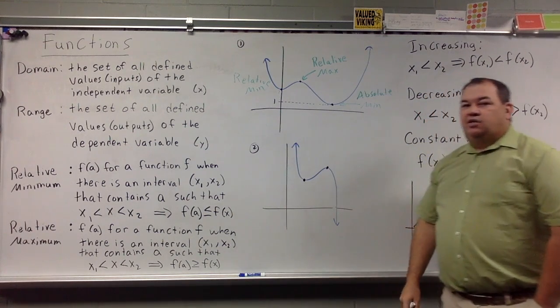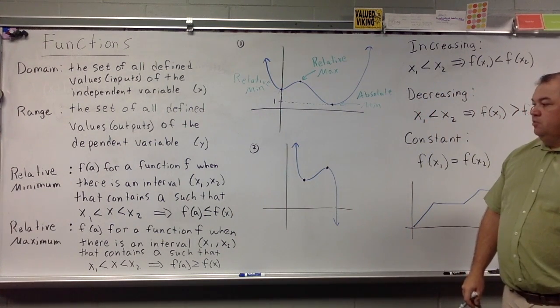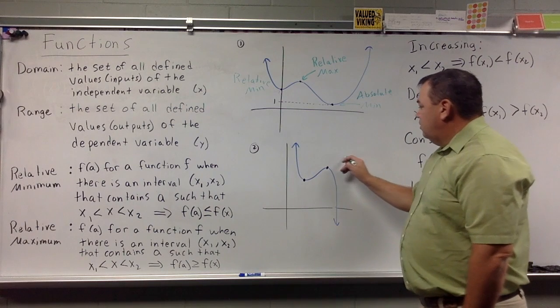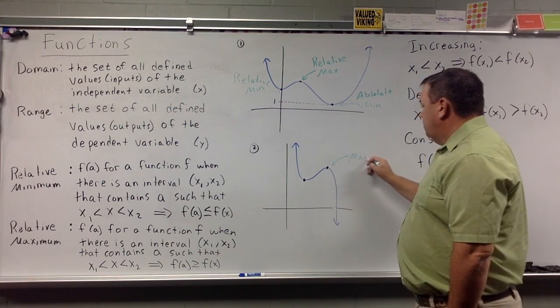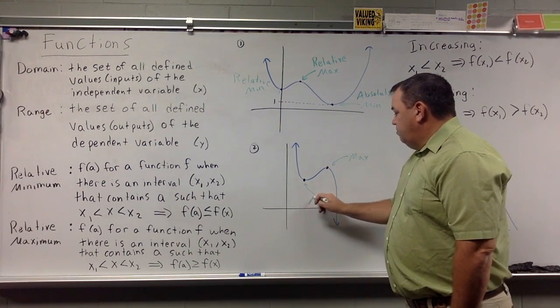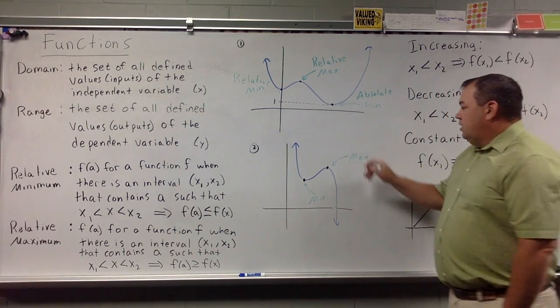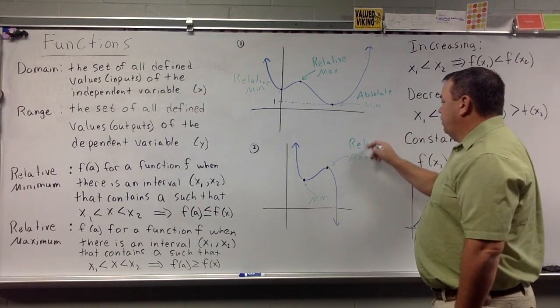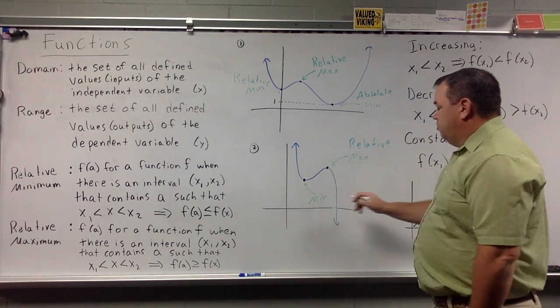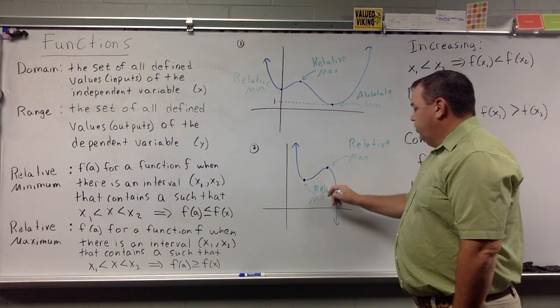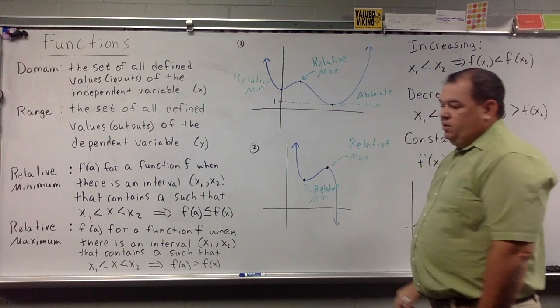It continues on and on in both directions. So these 2 points are maximums, and this one is a minimum, but it is not an absolute. It is what we call a relative maximum. This is a relative minimum.